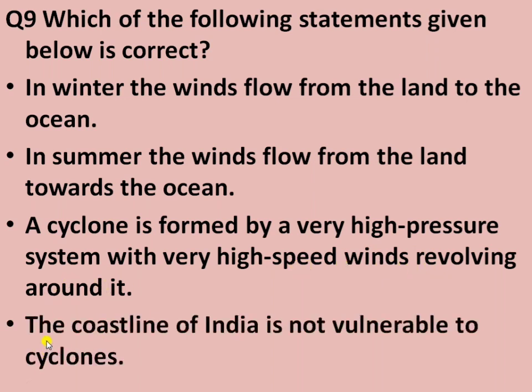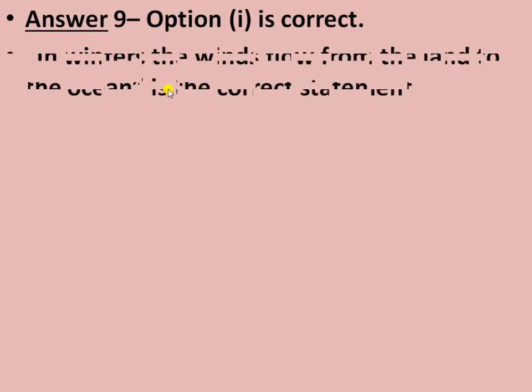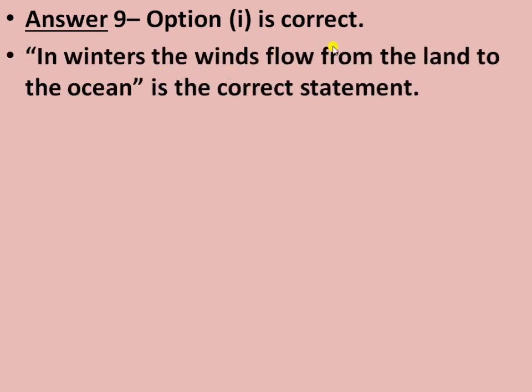Or the coastline of India is not vulnerable to cyclones. You have to choose the correct option. The answer to this question is the first option, that is, in winters the winds flow from the land to the ocean region. That is the correct statement.